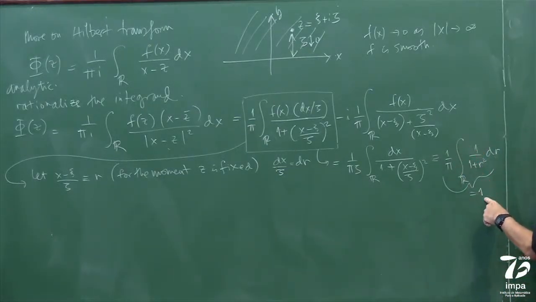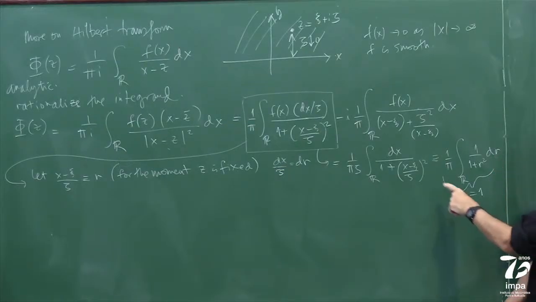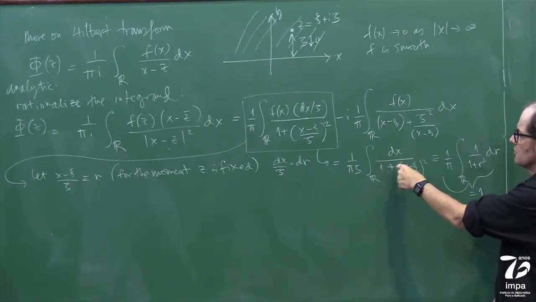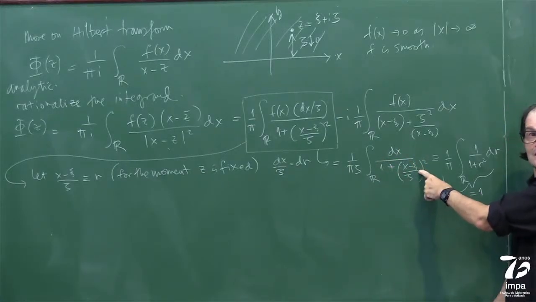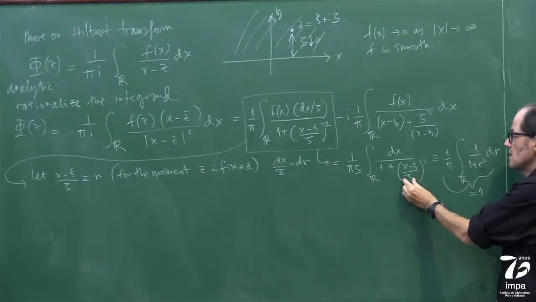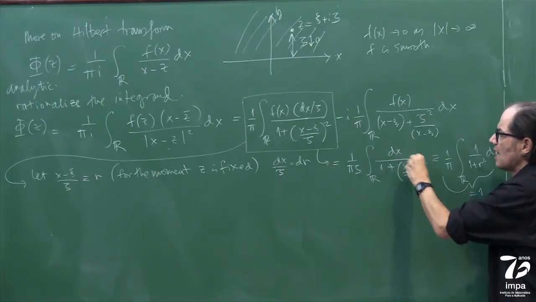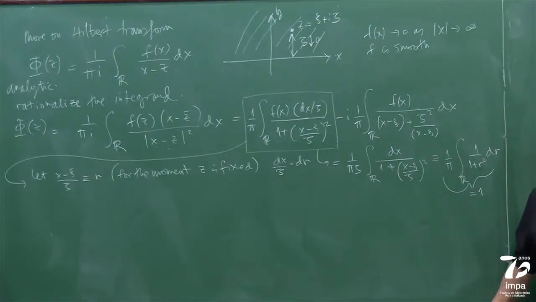This has total mass 1. And you see, this is a bell-shaped function centered at xi, which has sort of a scaling with zeta going to 0. So this is going to become like a Dirac mass as zeta goes to 0, because it has total mass 1, right?